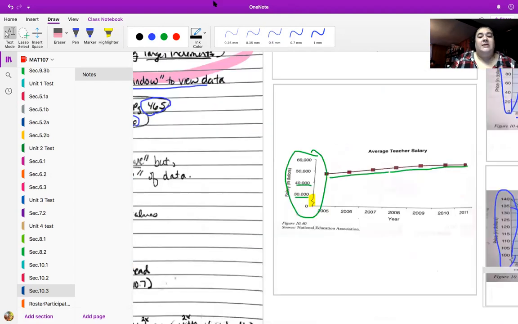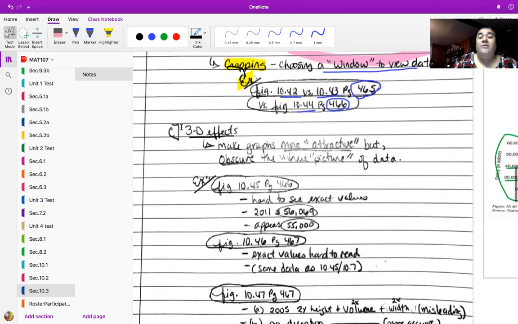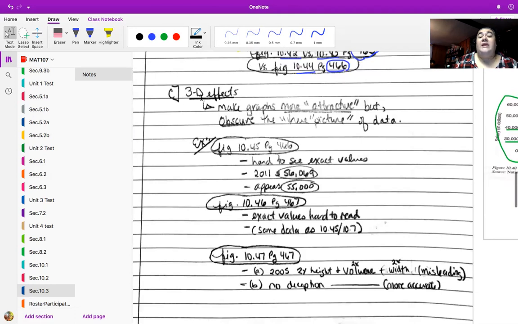Sorry, my apologies. All right, so now the other thing that we can do is what's called a 3D effect. This is where people like to do this to their graphs because it makes them look nicer. It's more attractive, more eye-catching.